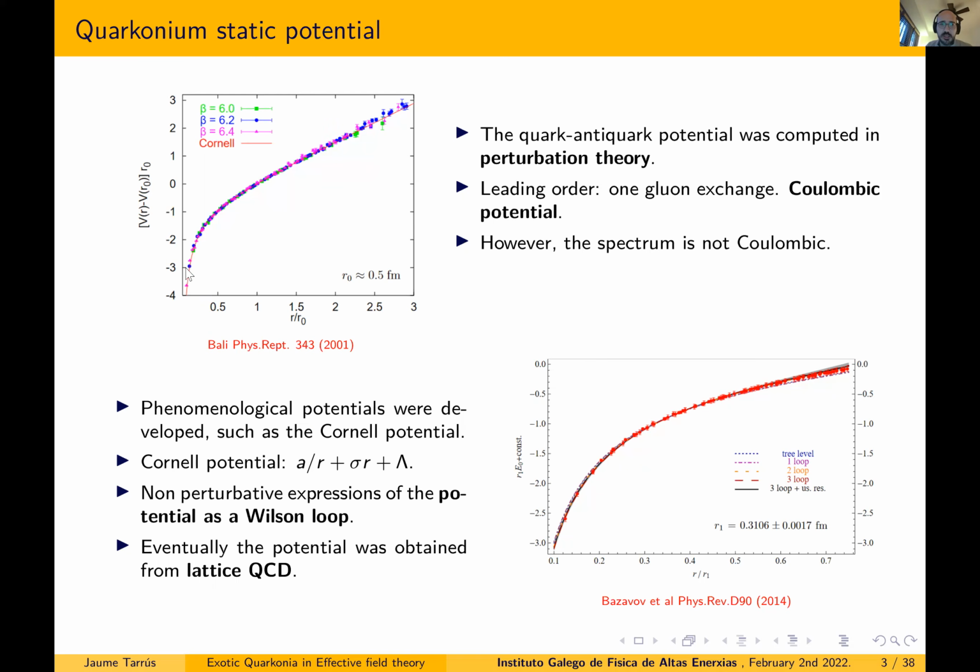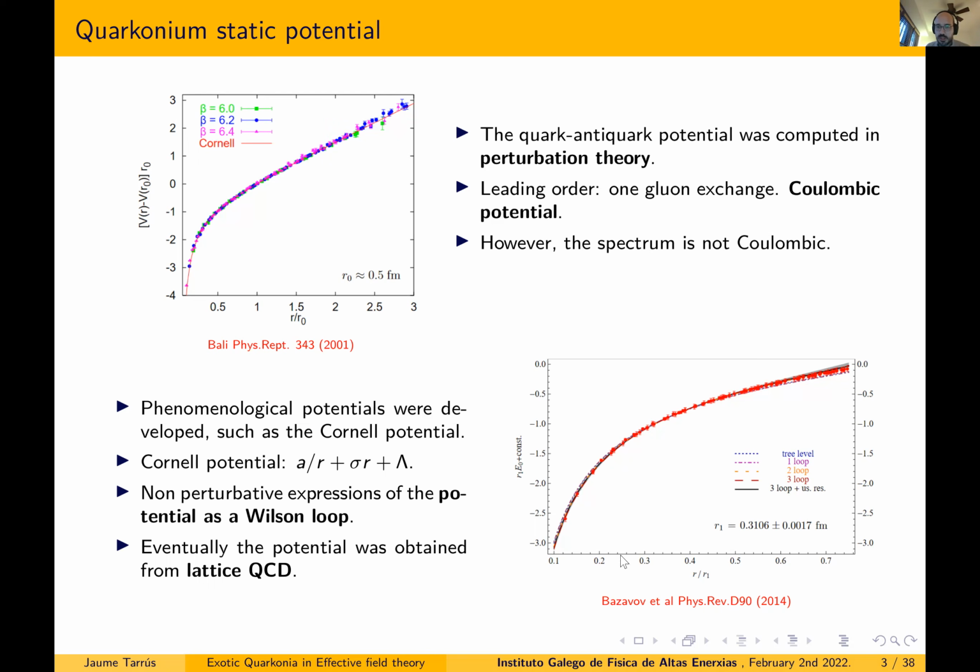Here is data obtained from the lattice for the potential. And in red, there is a fit of the Cornell potential to this data. And you can see that indeed, the Cornell potential parameterizes the lattice data very well, both at short and long distances. So this here is the separation between the quark and anti-quark, and this is the energy axis. Then the second figure is looking at shorter distances.